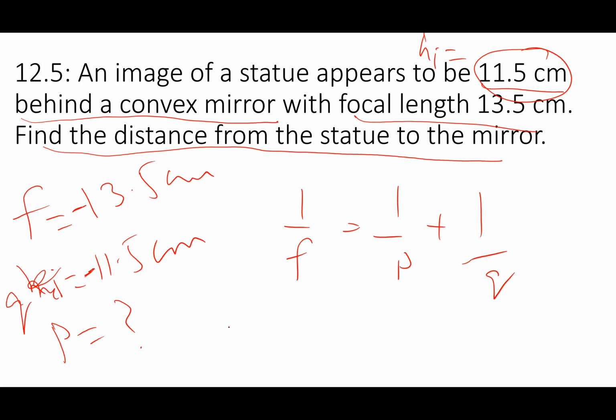So 1 by p is equal to 1 by f minus 1 by q. Simplify and get the answer. If any problem asked, then give me the reply. You will take focal length negative and image distance also.